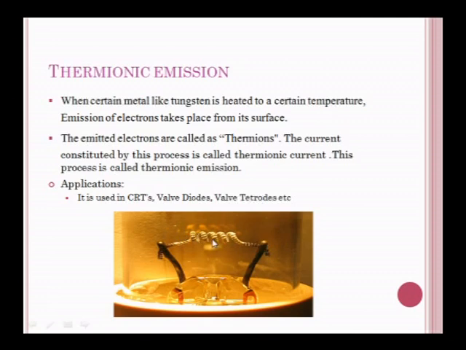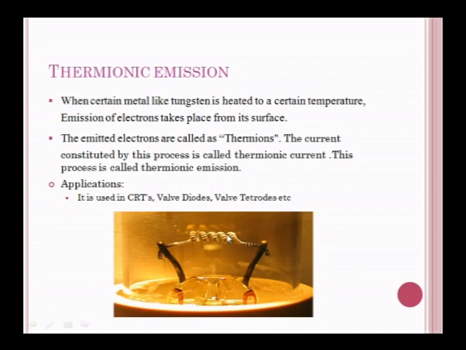When this metal tungsten is heated to a certain temperature, then what happens, as I told you earlier, is like the water molecules trying to escape when heated up. In the same way, when tungsten is heated to a certain temperature, emission of electrons takes place from its surface.